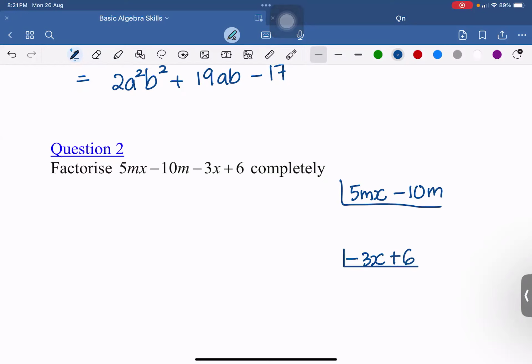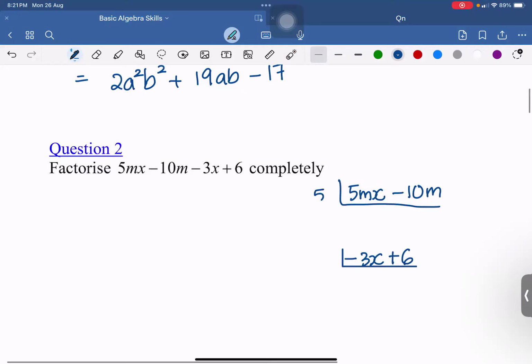Let's check. 5 and x, what's the common factor? Both can be divided by 5m. Then left with x minus 2.